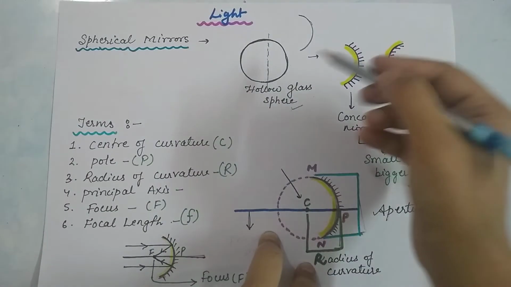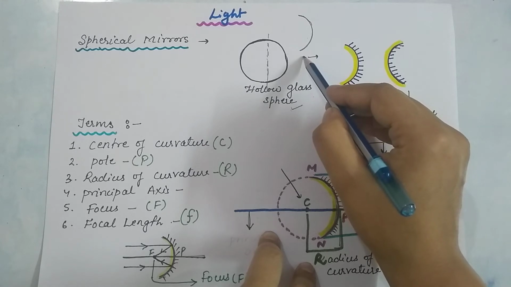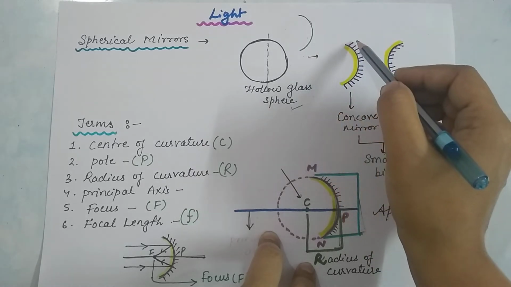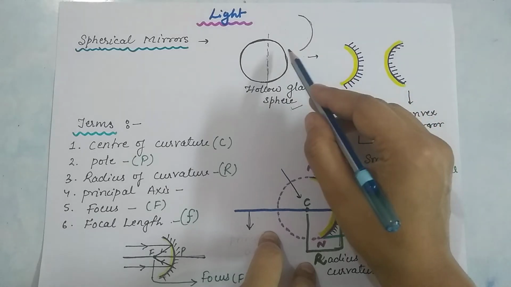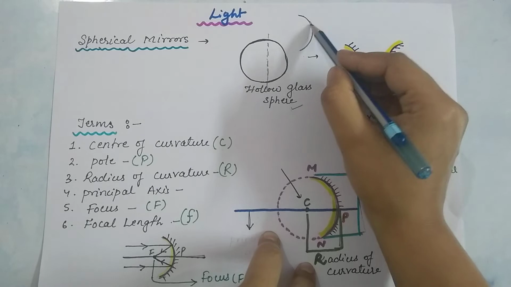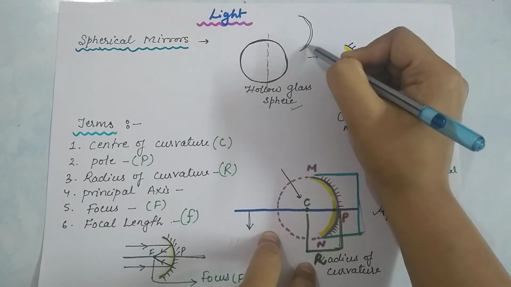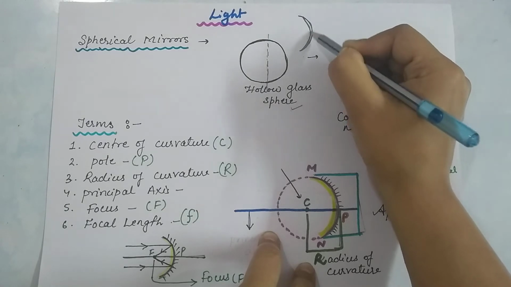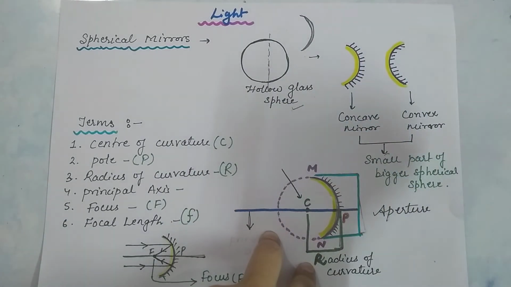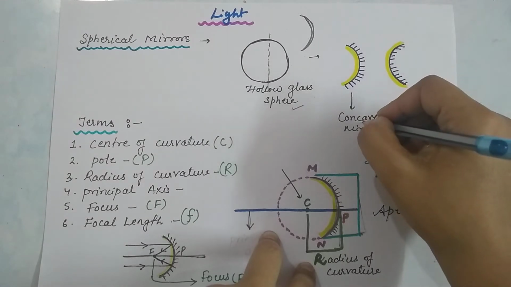And from this particular part, we can prepare the spherical mirrors. So when we cut this hollow sphere and this part, when this inner part gets polished, then this type of mirror is called concave mirror.